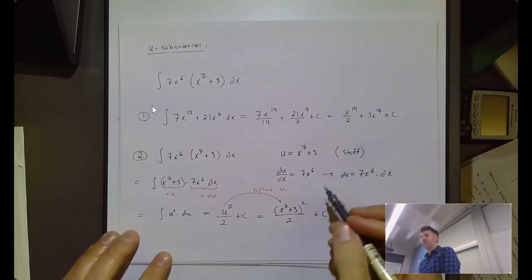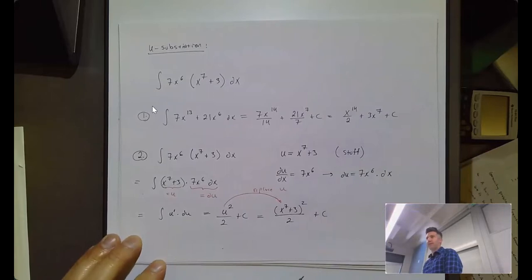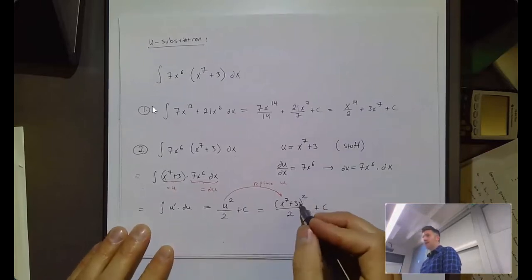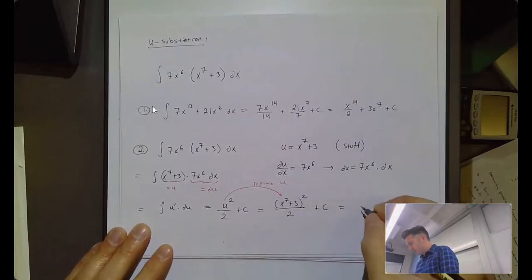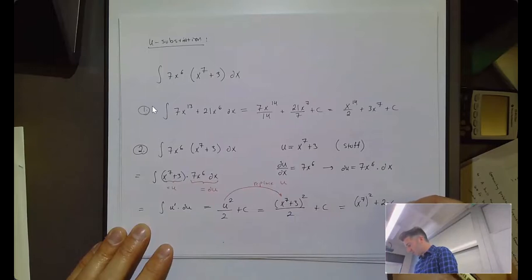So, are these the same? Well, let's find out. When you square something, you get the first thing squared, x to the 7th squared, plus 2 times the first thing times the second thing, plus the second thing squared, all over 2.